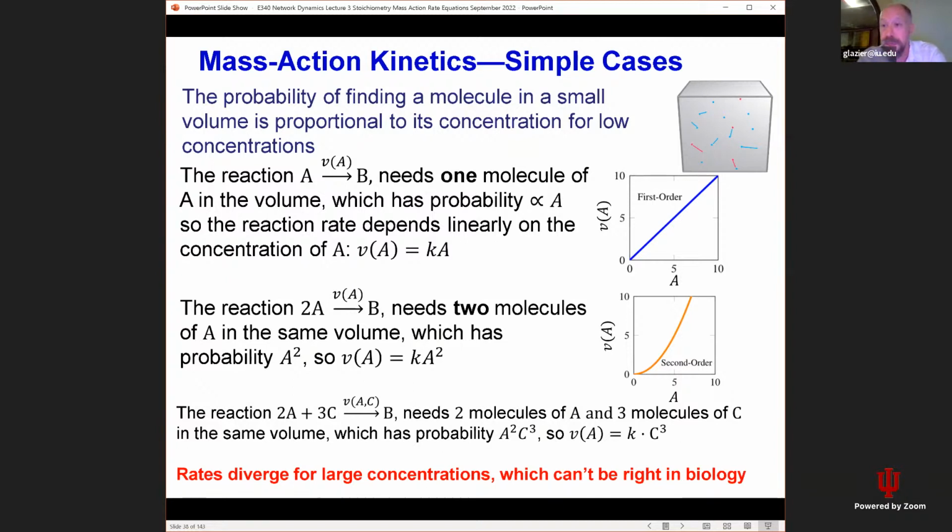And so in those regimes, you're not limited by the number of molecules you can squeeze into a volume. But you still don't expect that the rates will go up without limit. At some point, as you keep increasing the concentration, the rate has to saturate. And so this can't be true at high concentrations. In general, the rate has to be lower than you would predict.